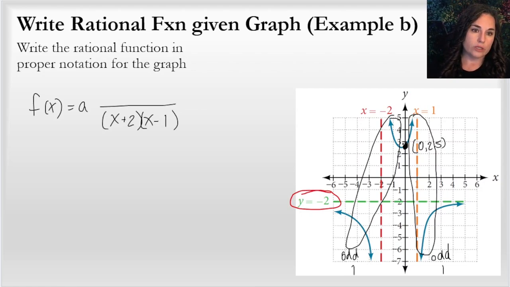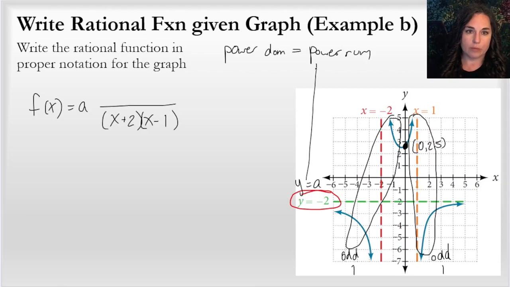What else do I notice going on? I notice the horizontal asymptote. I know horizontal asymptotes of the form y equals a arise when the power of the numerator is equal to the power of the denominator.